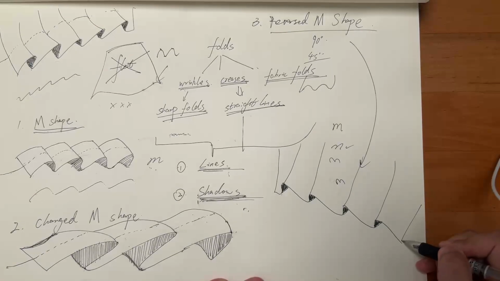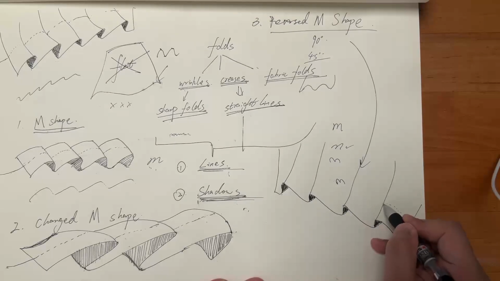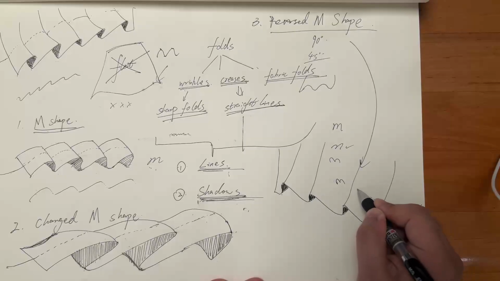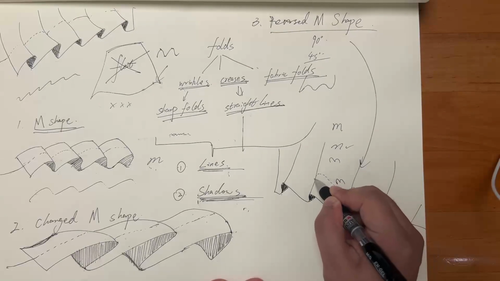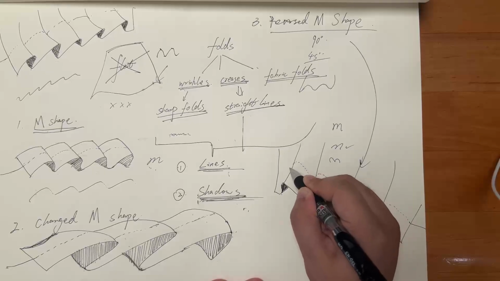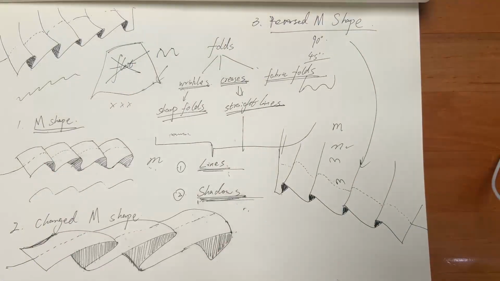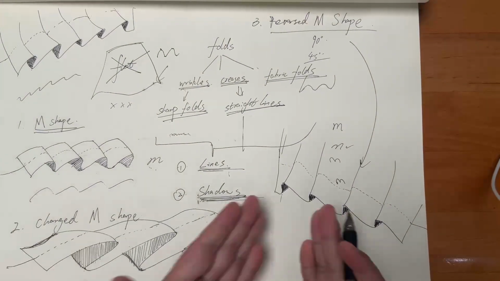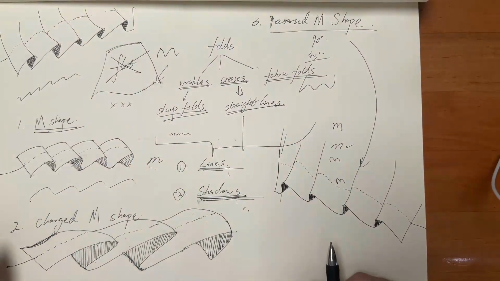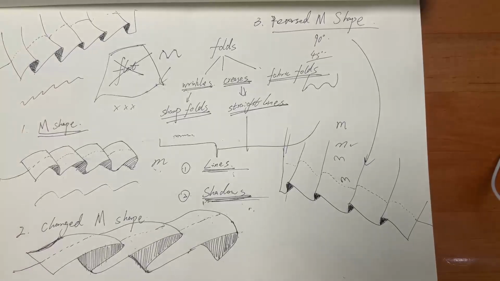For example, we just got edges, starting there, then go the way up and down, and up and down, up and down, then up. It doesn't really matter. This can be a curtain, for example a window, it can be a curtain. So that's the reverse M shape. Just this mirror reverse. As simple as that.